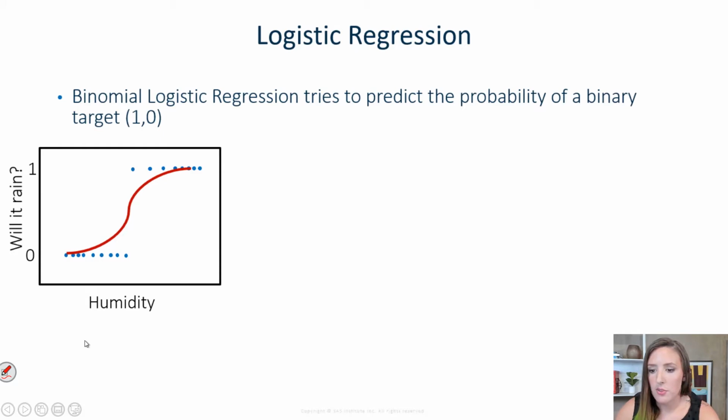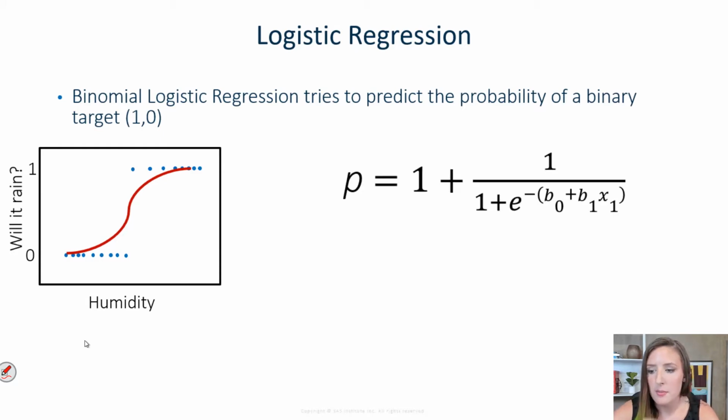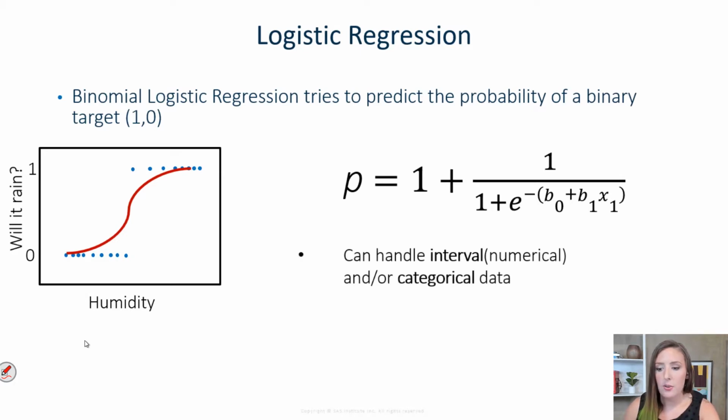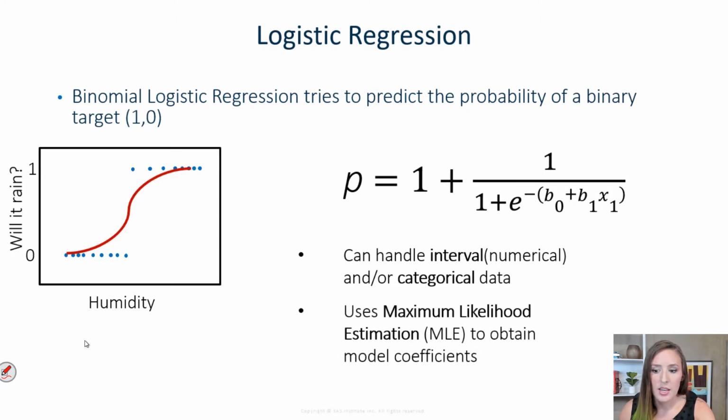The equation for this has some of the similar variables that we saw in the linear regression. We have b0, b1, x1, and those are representing the variables that we're using as the input. This can handle both interval and categorical data. And instead of using least squares like linear regression, it uses maximum likelihood estimation.